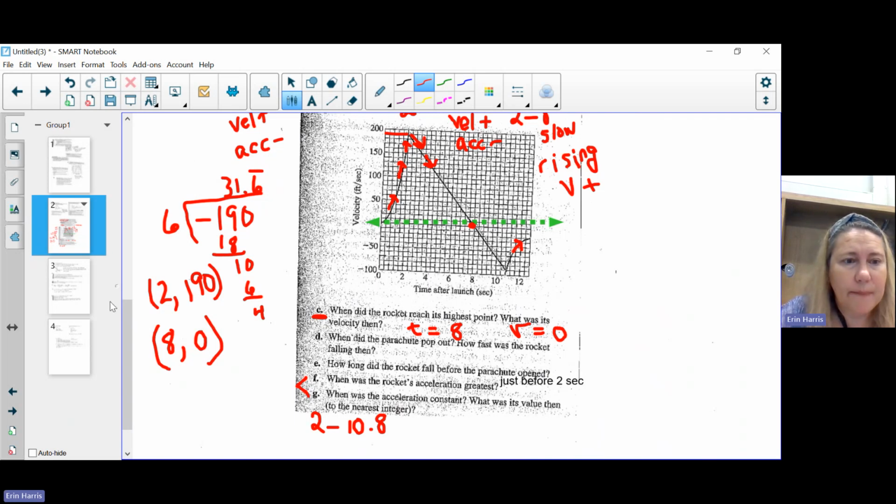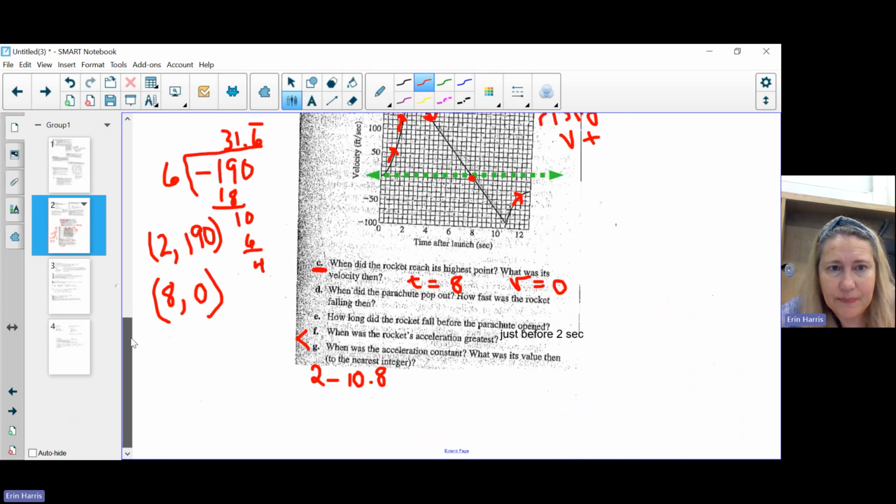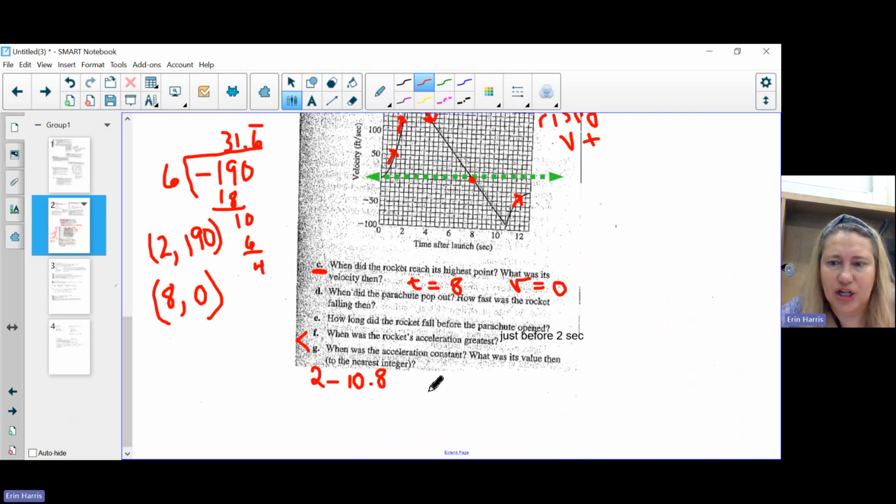But what I should be getting, because this is the constant of acceleration on Earth, is an even number. That's why these points aren't perfect, because I should be getting negative 32 feet. And remember your units for acceleration: seconds squared. So negative 32 feet per second squared, because that is the constant of acceleration anytime an object on Earth is in free fall.